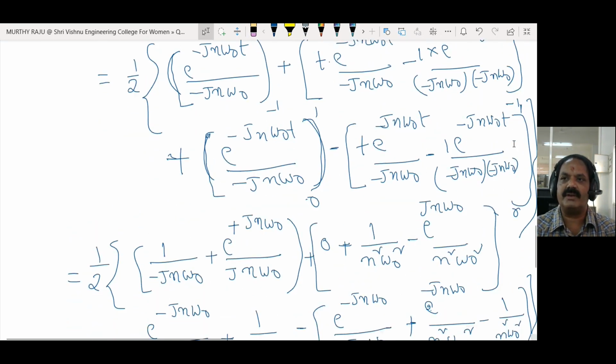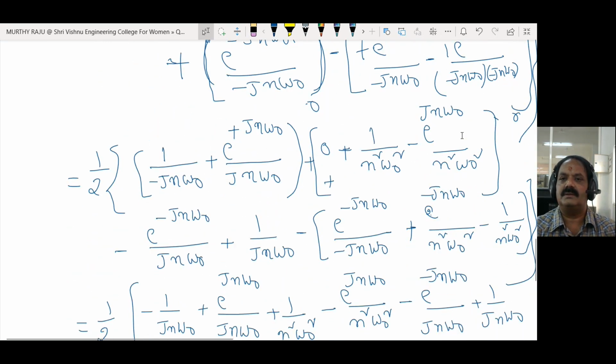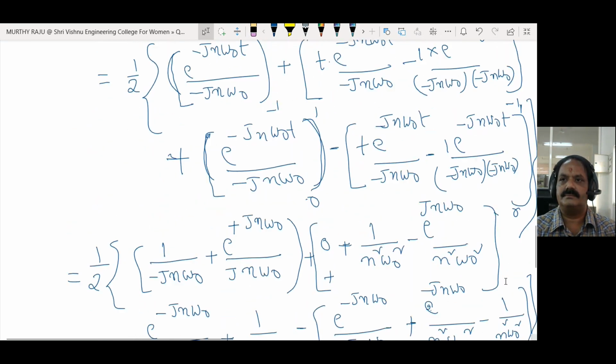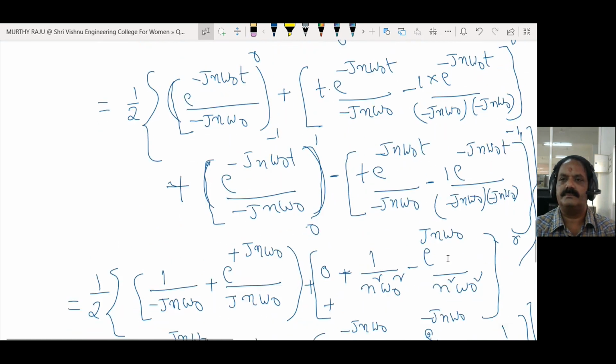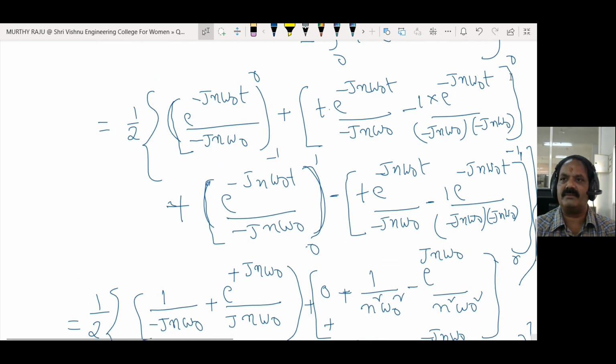Here only 0 is forgotten; minus 1 is not substituted here. For t is equal to 0, this one is n square omega naught square, j square is equal to minus 1, minus plus minus into minus plus.